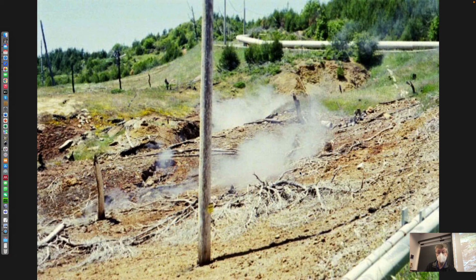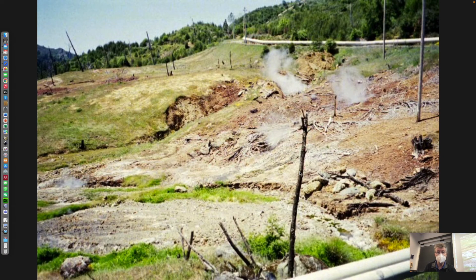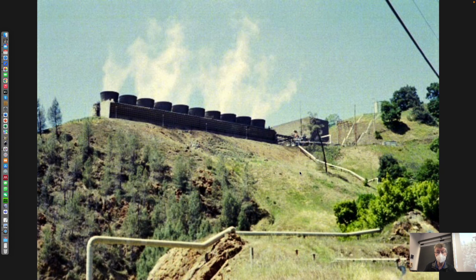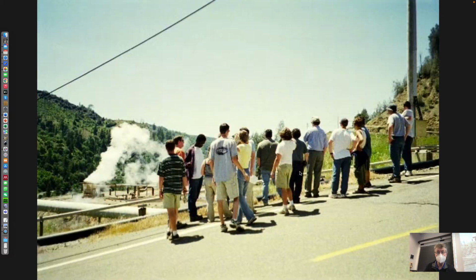This is just a hot spring or a steam seep that's on site. So there's definitely a manifestation of this. This is how it would have been discovered in the first place, by seeing the hot springs on the surface. And I think the same view of the condenser plant from down below.